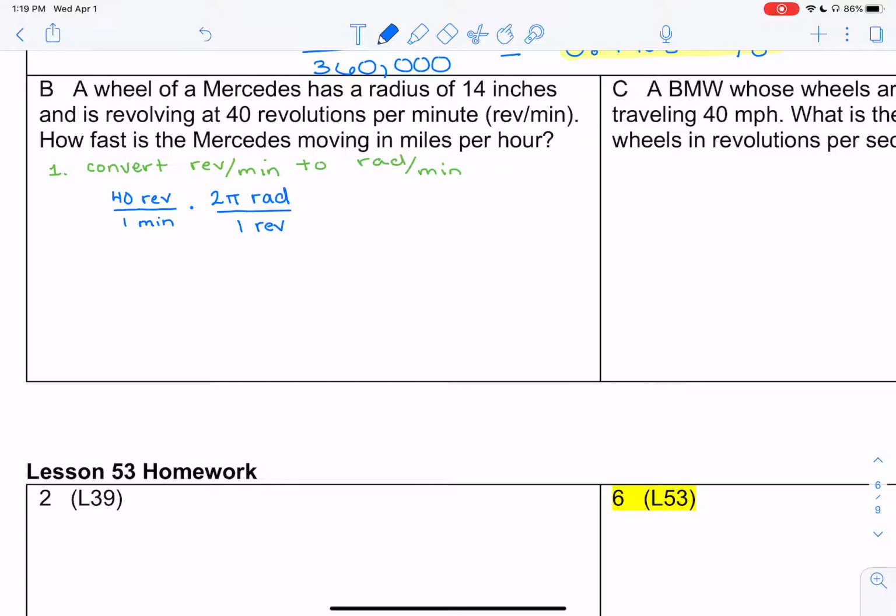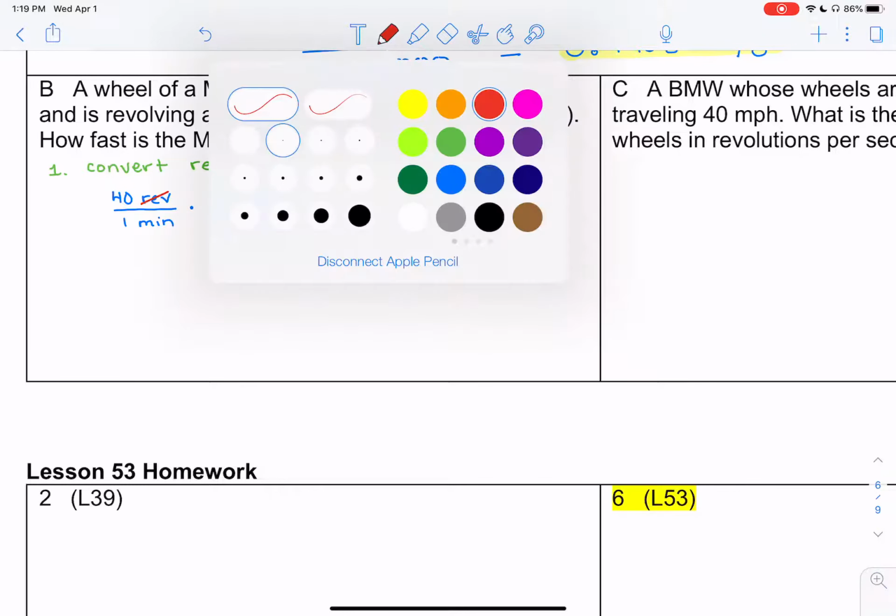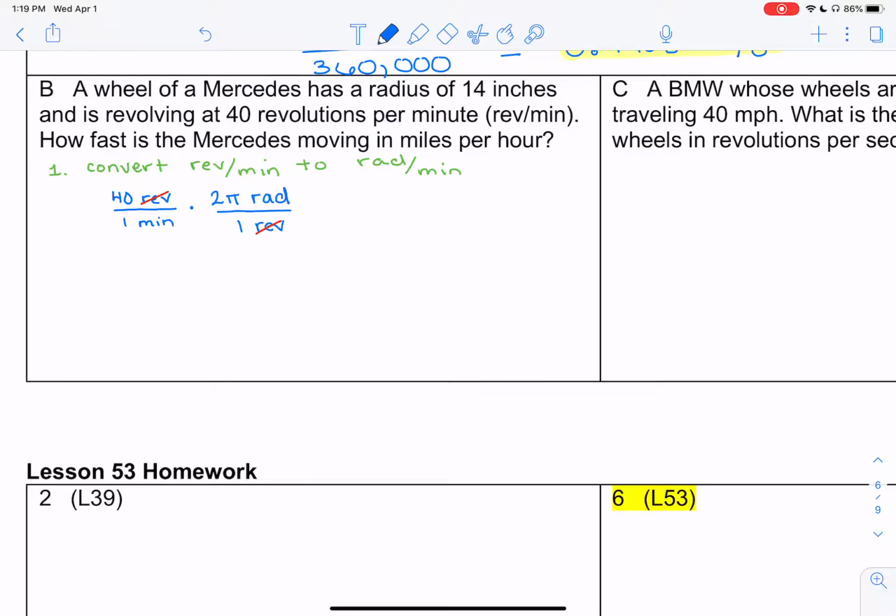Now when I cancel units, revolutions cancel, and I'm going to have radians on top. So I have 40 times 2 times pi. For right now, I'm going to keep that in pi form. So I get 80 pi radians per minute.